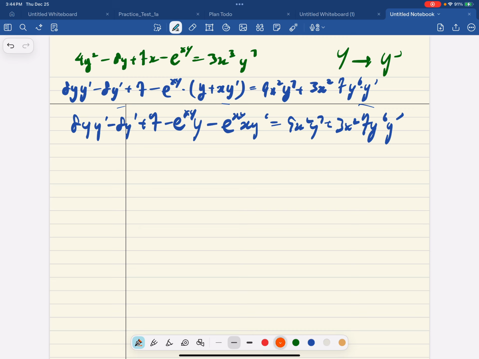Now what we want to do is group the y primes. There's another y prime here and another y prime here. Bring all the y primes to one side, and whatever is not y prime to the other. It's a lot of writing.